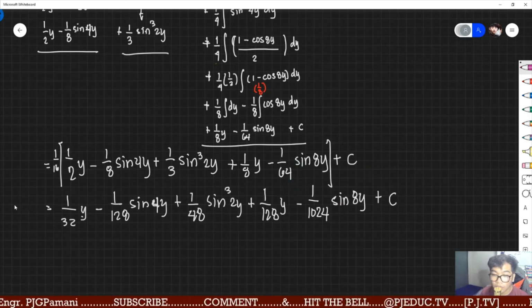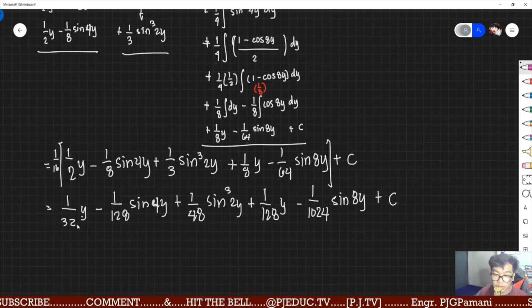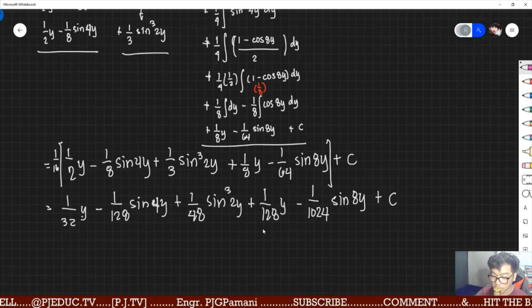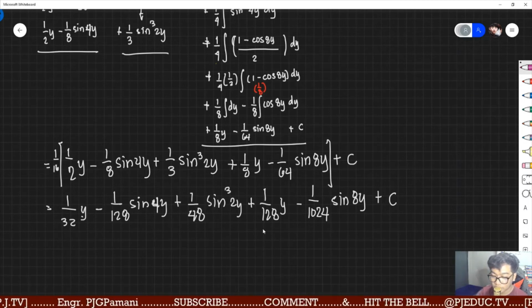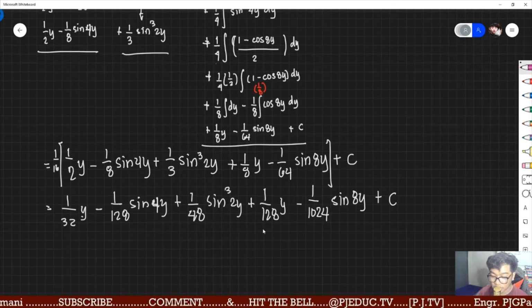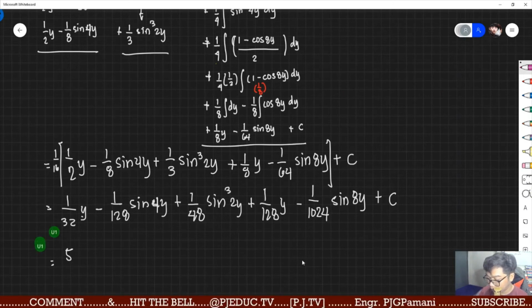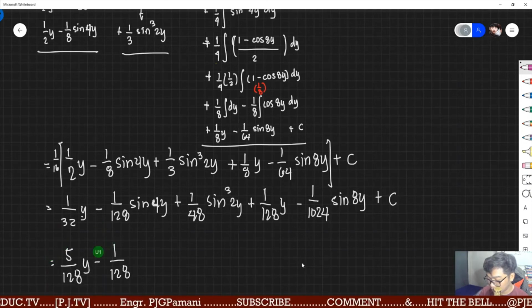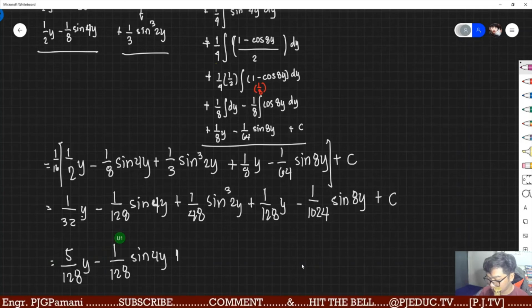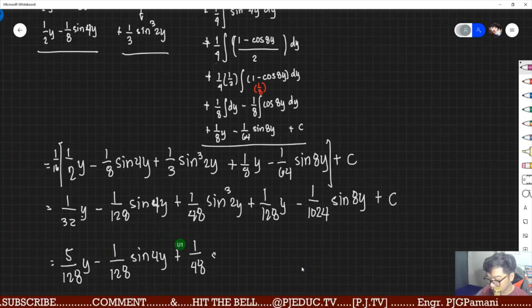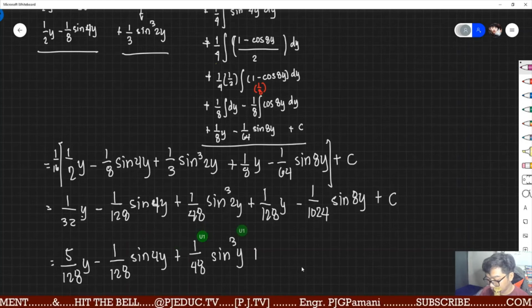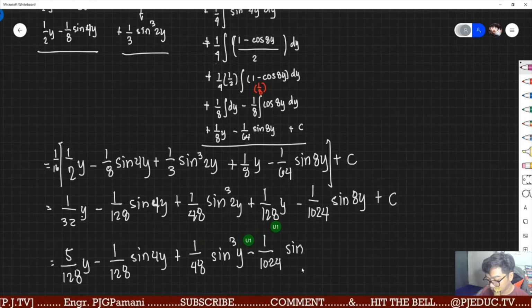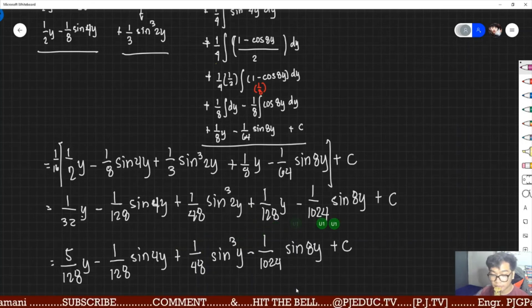Meron pa tayo 1 over 32 y plus 1 over 128 y. Ano dyan? Sagot dyan. Plus 1 over 128. That is 5 over 128 y minus 1 over 128 sine 4y plus 1 over 48 sine cube 2y minus 1 over 1024 sine 8y plus c.